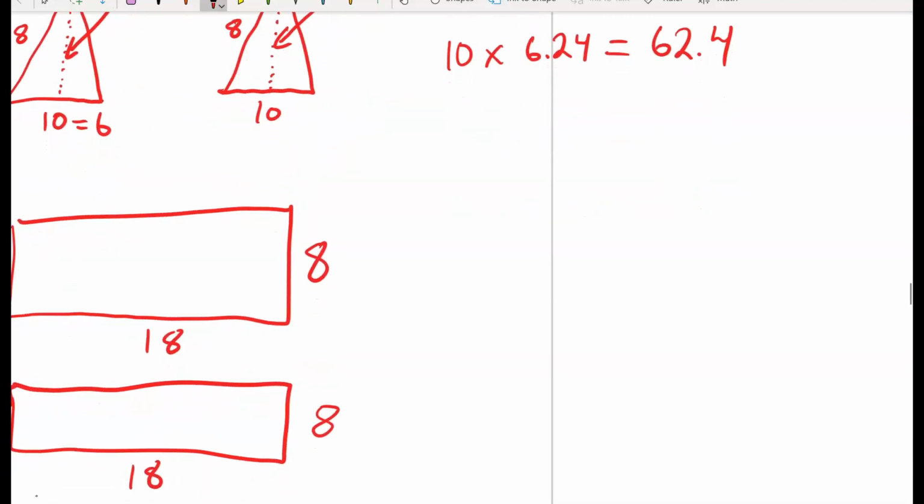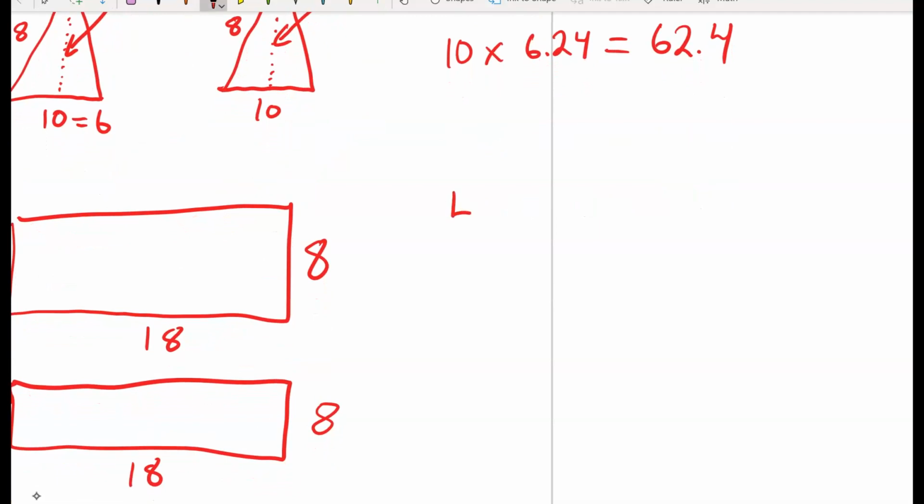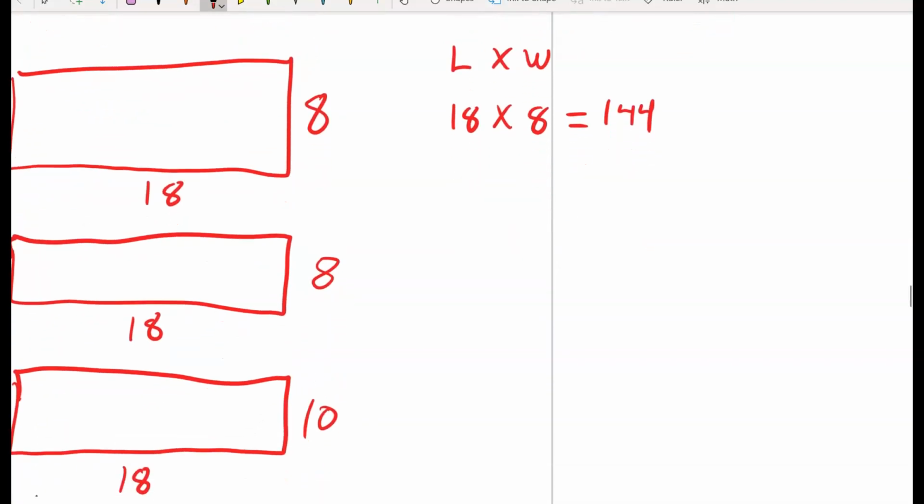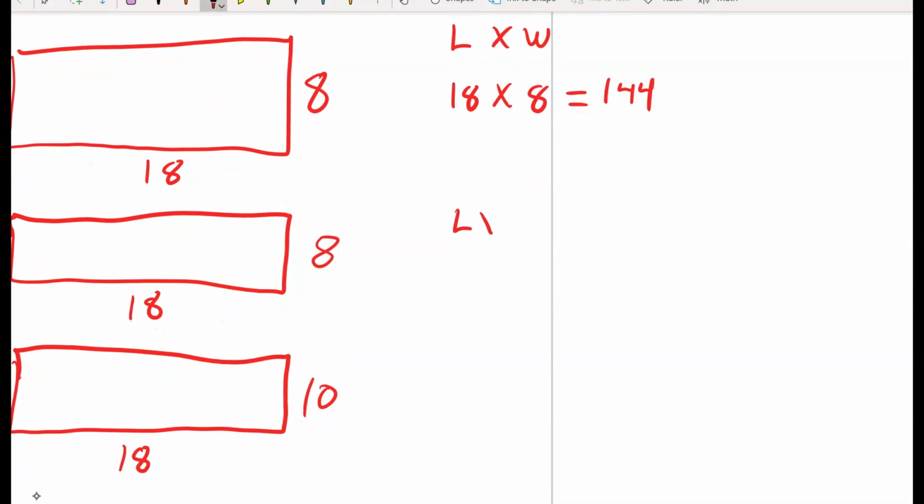That'll give us 62.4. Then we have our length times our width, which is 18 times 8. 18 times 8 is 144. We have our length times our width again, which is 18 times 8. 18 times 8 is 144.